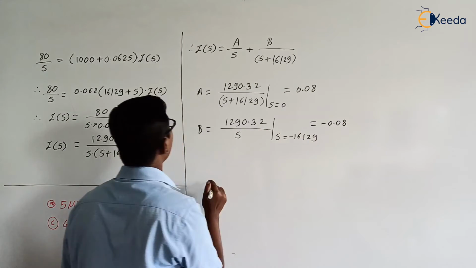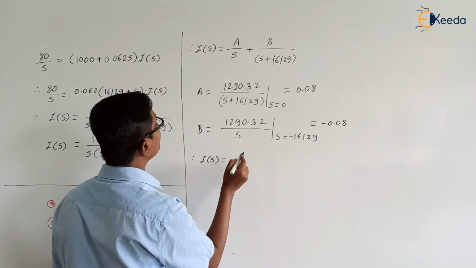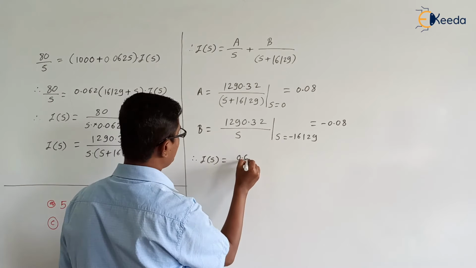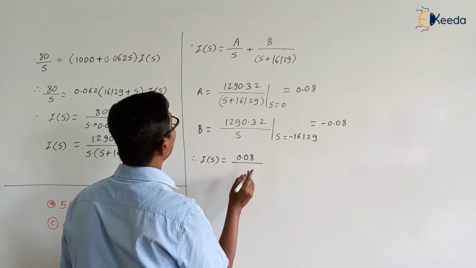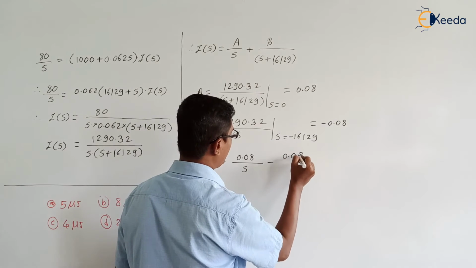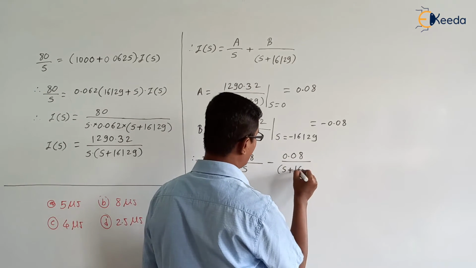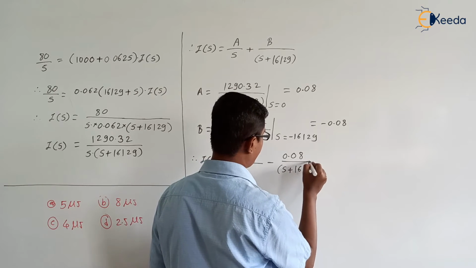Next, further can we put A and B here? So therefore we can write I of S is equal to 0.08 divided by S minus 0.08 divided by S plus 16129, right?